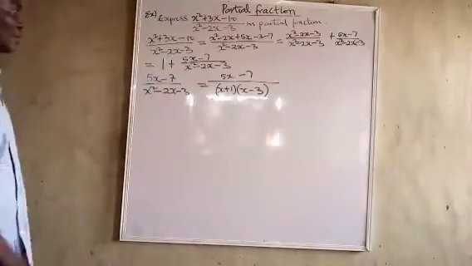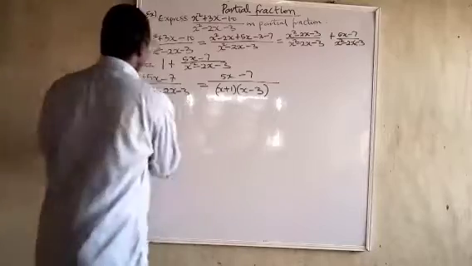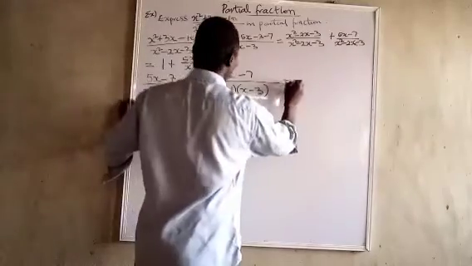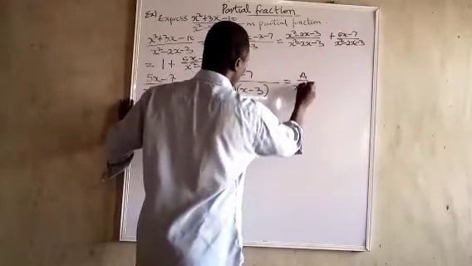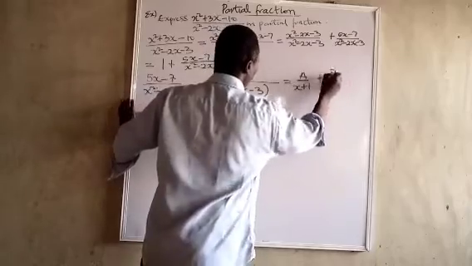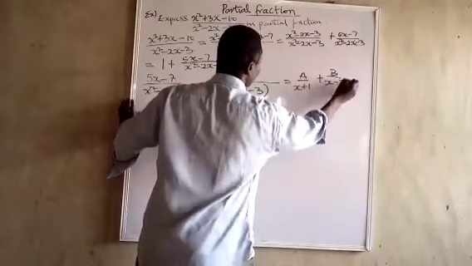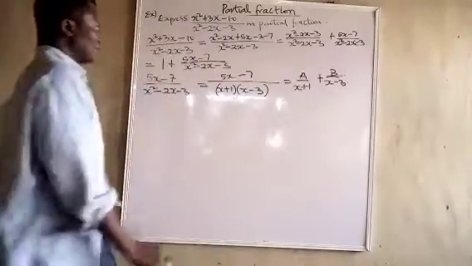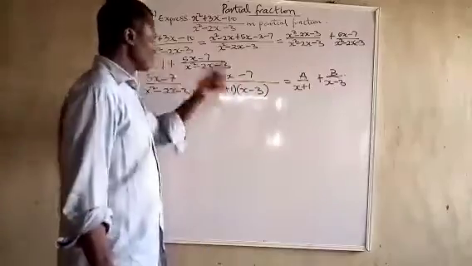You can see. Then the next thing is, I now have this equal to A over (x plus 1) plus B over (x minus 3). You know the next thing to do now? Multiply through by the LCM.